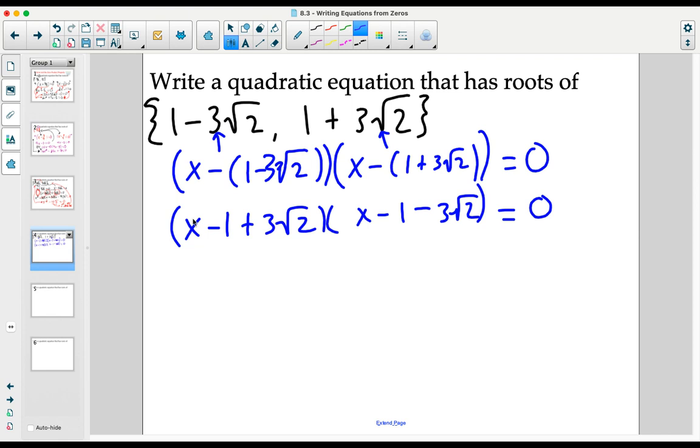Now we run into a tricky spot. There's a couple different ways that you can attack this. You can attack this by treating this as a difference of squares factorization. So here we have the same factor plus 3 root 2 and minus 3 root 2. So you could jump right to a difference of squares factorization.